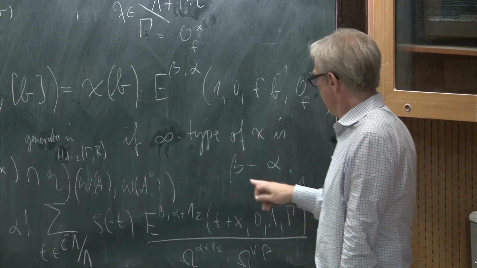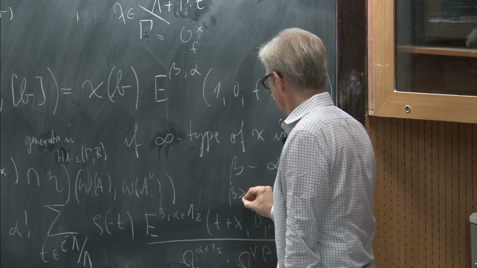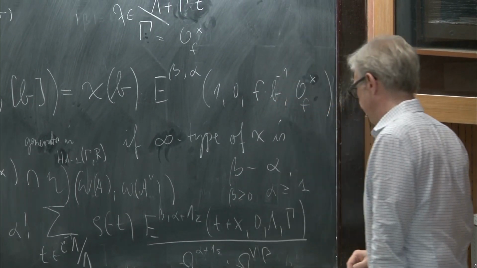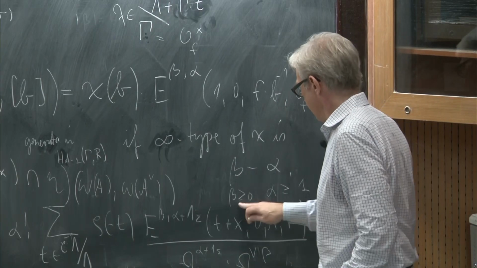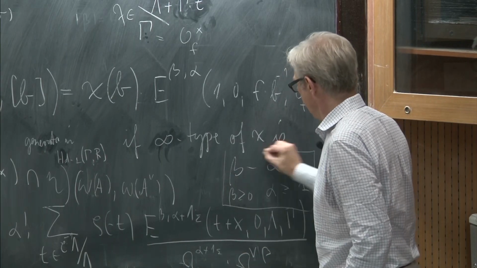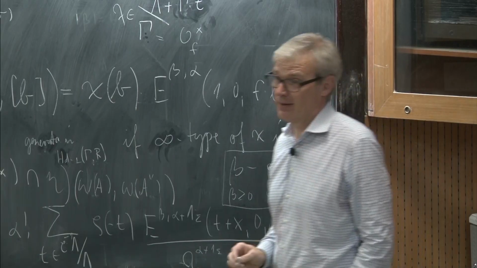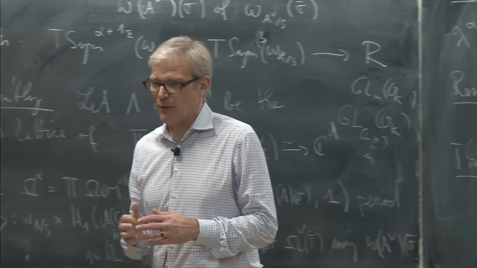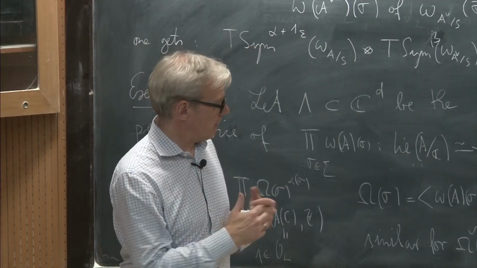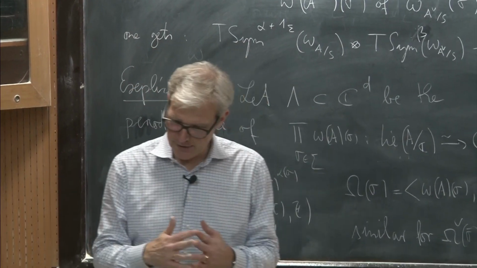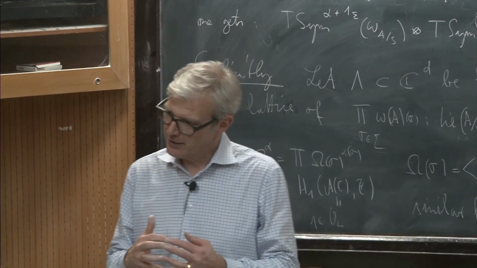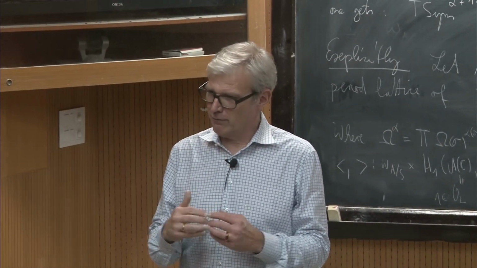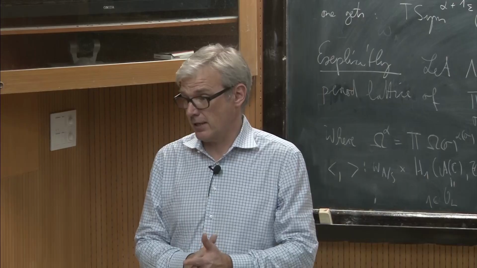And then beta can be anything greater or equal to 0. That is the condition that the infinity type is critical, like for CM elliptic curves. We include in a certain sense very well the Birch-Swinnerton-Dyer point, but we do not get anything for non-critical L values.